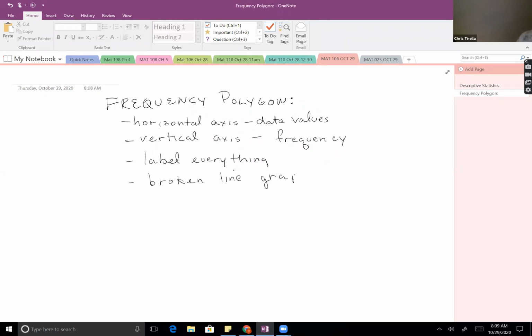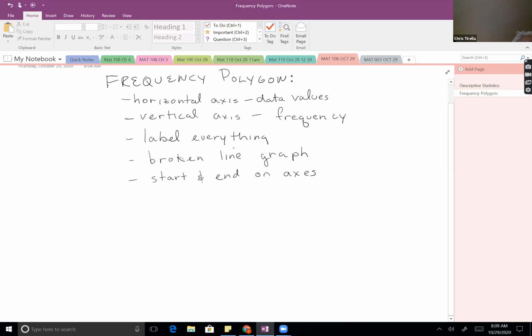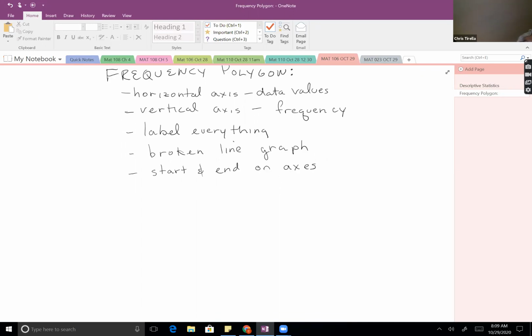And in this broken line graph, it's important that we start and end on the axes. And so for an example, let's look at, again, that data that we had for shoe sizes in class.